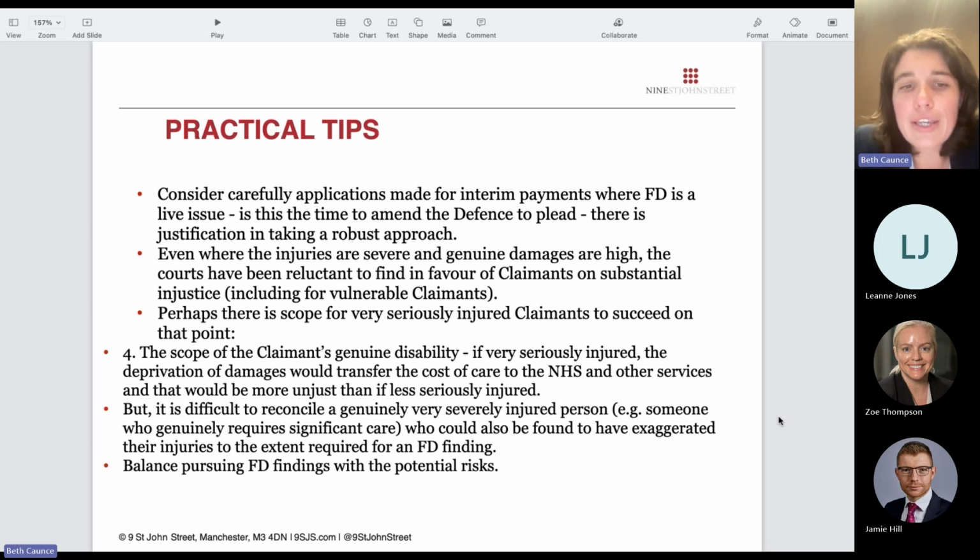The second point is I'm finding it difficult to reconcile the idea of somebody who is genuinely so seriously injured that they're going to put a real significant burden on the state in terms of care benefits for being unable to work, but who also in the same way is found to have exaggerated those injuries to the extent that's required for an FD finding. But perhaps that case exists.